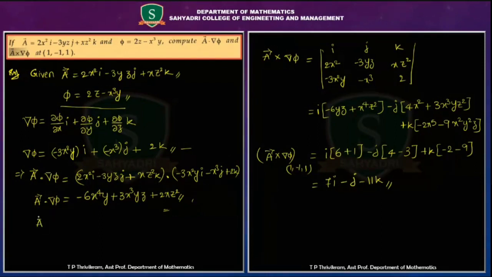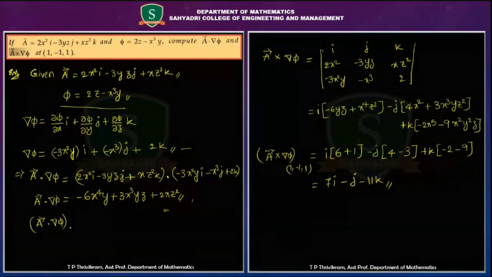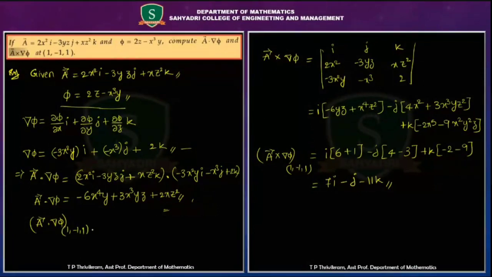Similarly, A dot del phi at 1 comma minus 1 comma 1 is equal to, just substitute here also. So I'll get 6, minus 3 plus 2.